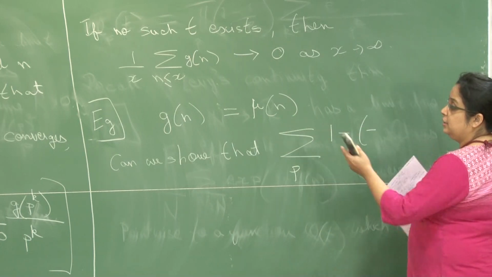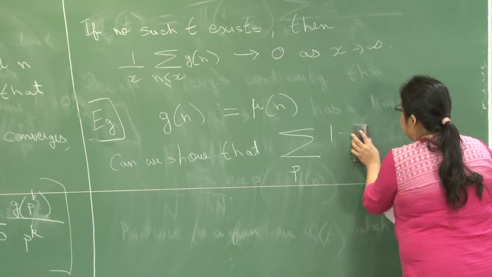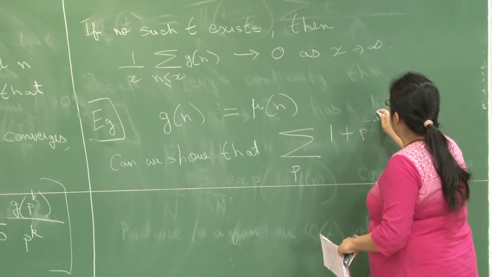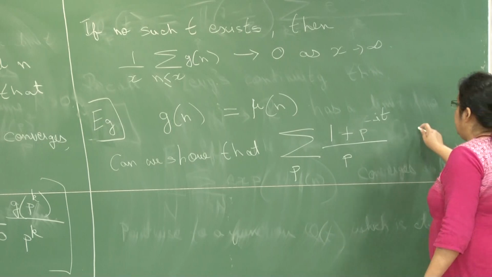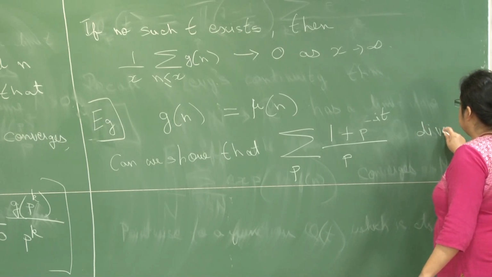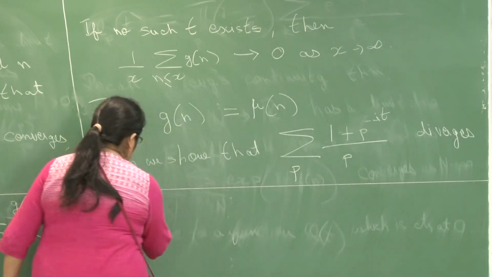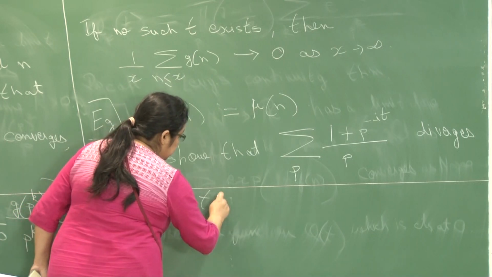Okay. So, this becomes 1 plus p raised to the minus it, over p, diverges for any t in R.